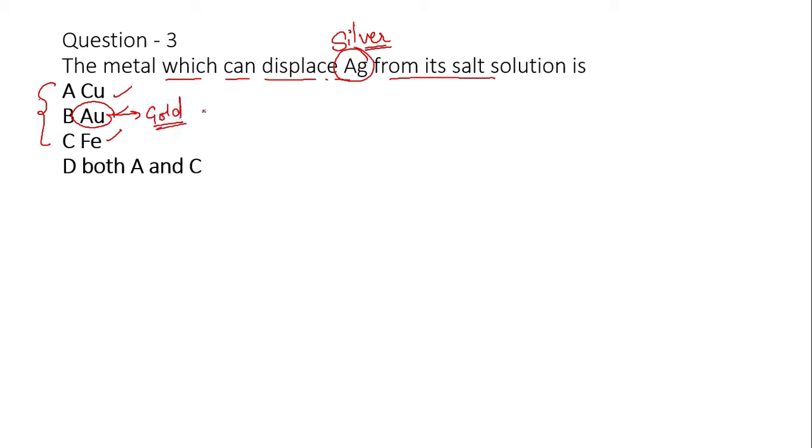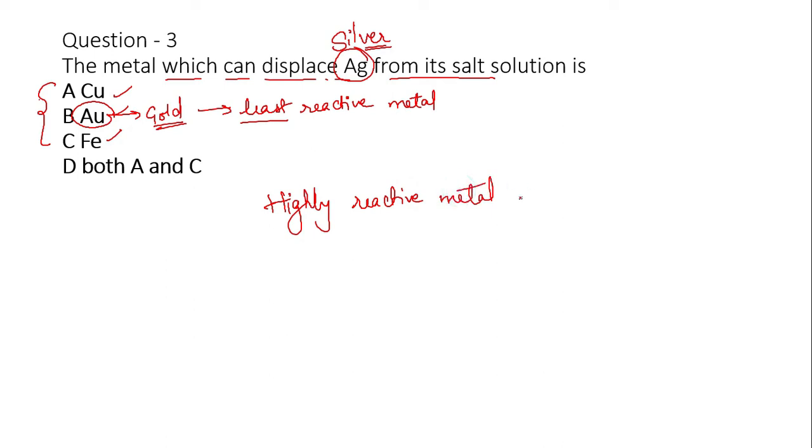So as we know, dear students, Au is your gold, right? And it is the least reactive metal. Hence, since it is the least reactive metal, and what about the displacement reaction? A highly reactive metal displaces a less reactive metal.